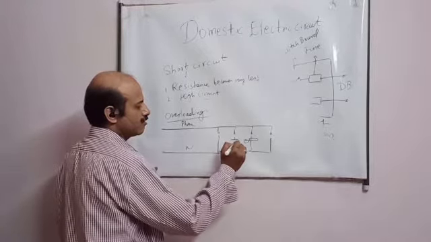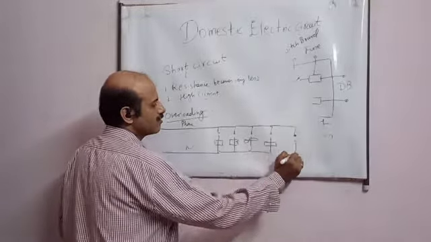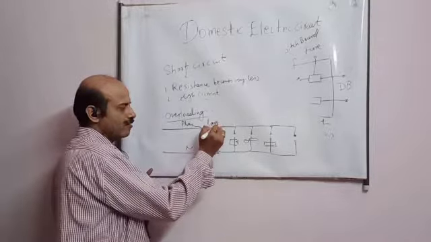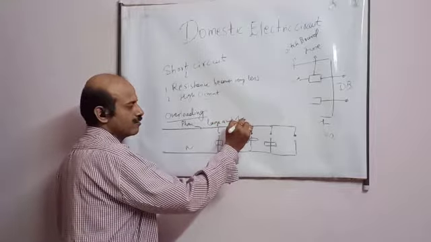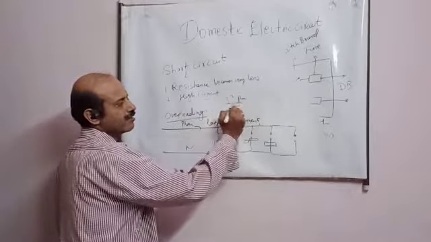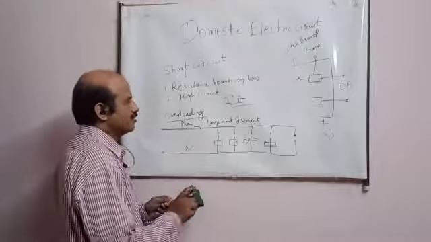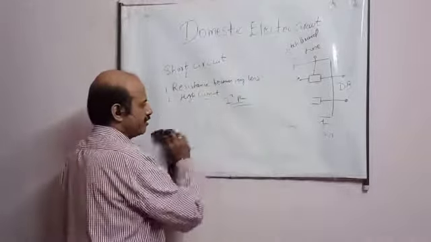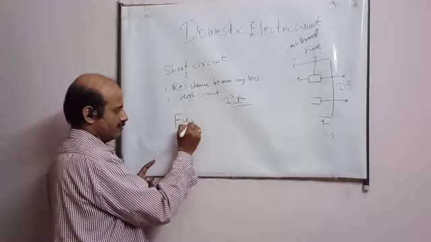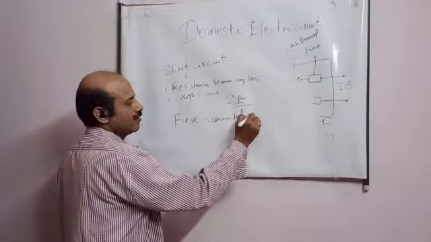This will draw a large amount of current, which will again increase the heating effect, and thus this will destroy the circuit. And that is why, student, a fuse is connected in series.